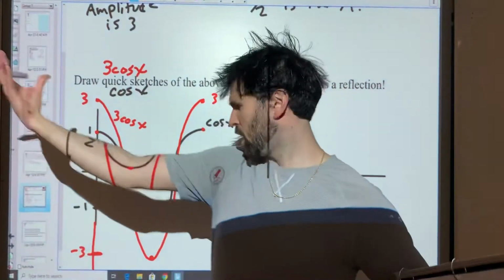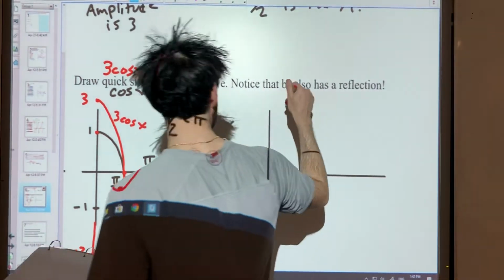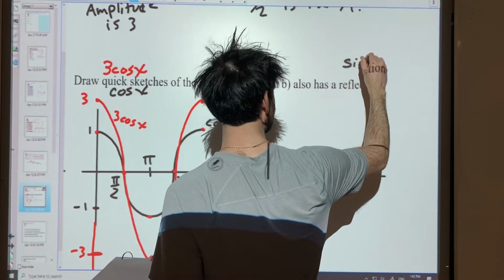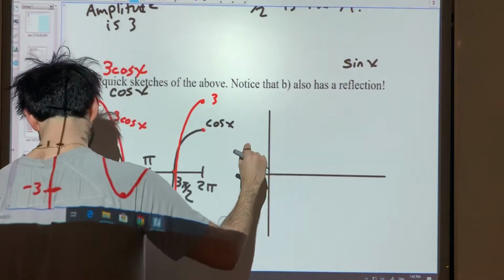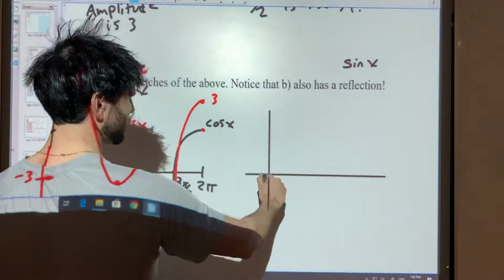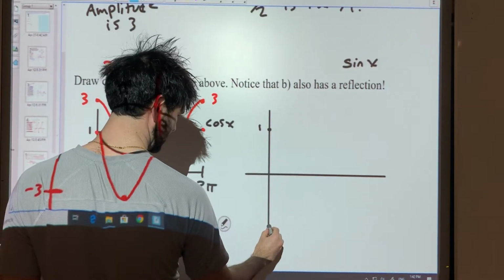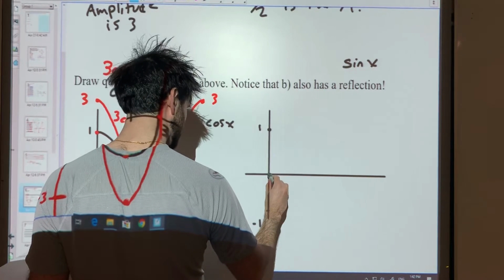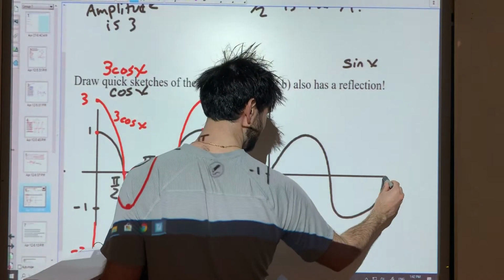It's beautiful! Wonderful. Okay, now this one's going to be a little bit tricky. Let's draw the original sine x, and I recommend you do the same thing. I'm going to make it extra big because I know that my a value, my amplitude, is -1/2. So here's 1, and here's -1. Perfect. We actually start at 0 for sine, and we're going to just go wee, there.